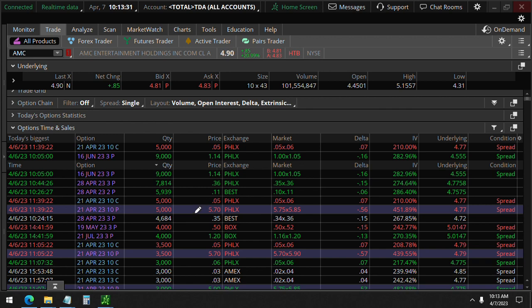Let's go over now the other colors here on the option column. We have purple here. A lot of these text colors are purple. What does that mean? It means it's a put.